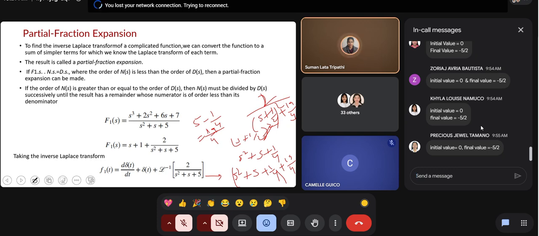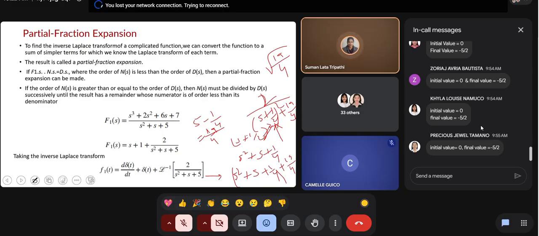So you will get a sine function which is shifted in the frequency domain by 1 by 2, and the omega value here is under root 19 by 4. This way you can solve and get the inverse of it directly.